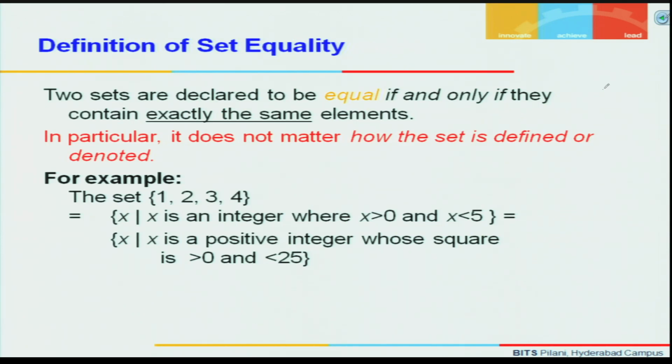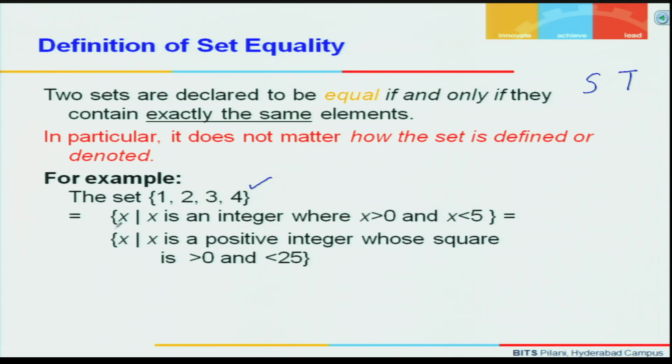And if you have two sets S and T, we will say these two sets are equal if and only if they have exactly the same elements. Just take this particular example. Consider the set {1, 2, 3, 4} and consider another set: the set of all x such that x is an integer where x is greater than 0 and x is less than 5.